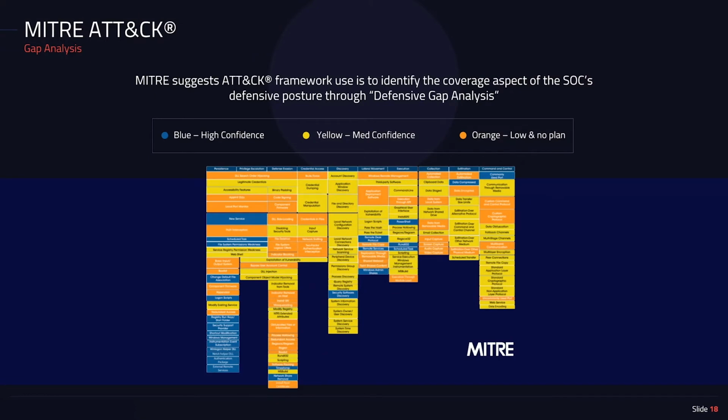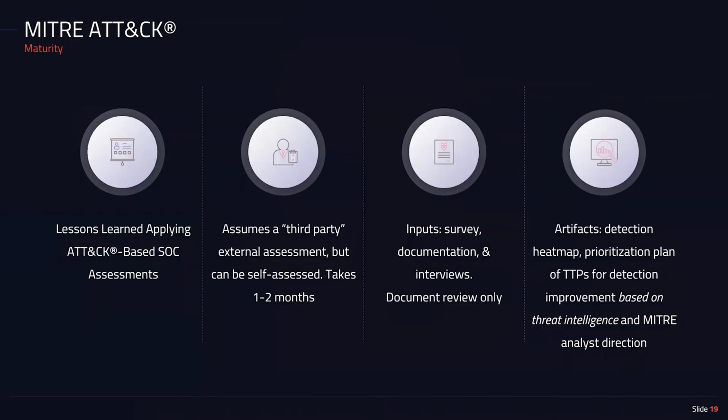And you self-assess your confidence and your ability to identify, maybe even stop, these specific behaviors of the adversary. If you look at this defensive gap analysis, it looks like what it would look like for most people. There is not a lot of high confidence coverage. That's okay. This can help you in order to drive maturity.